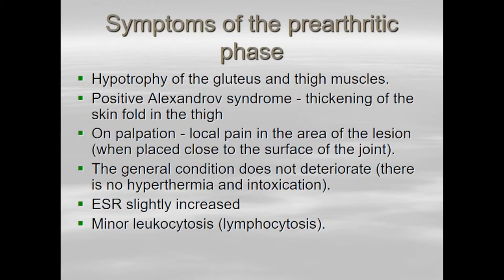Positive Alexander symptom, thickening of the skin fold on the thigh. On palpation, local pain in the area of the lesion where it lies close to the surface of the joint. The general condition does not deteriorate. There is no hyperthermia or intoxication. ESR slight increase. Minor leukocytosis.